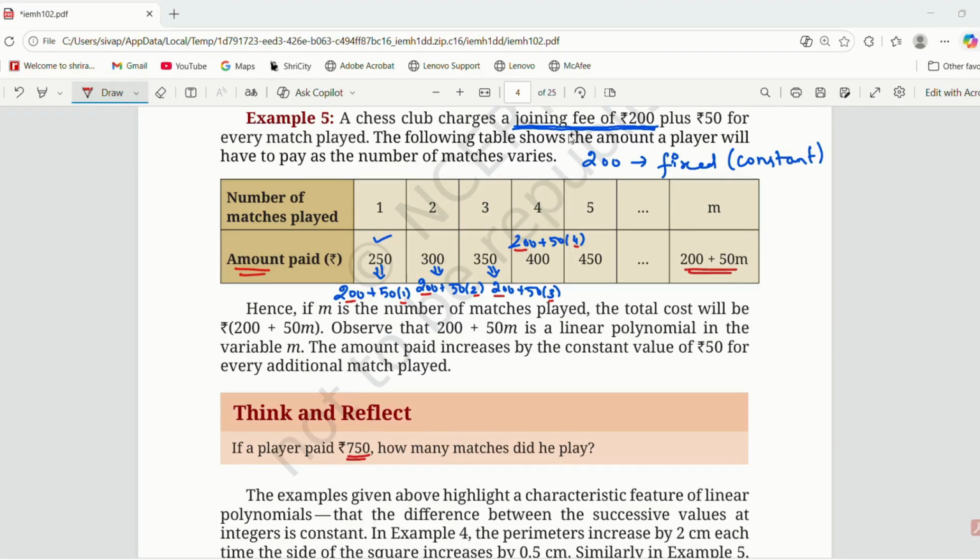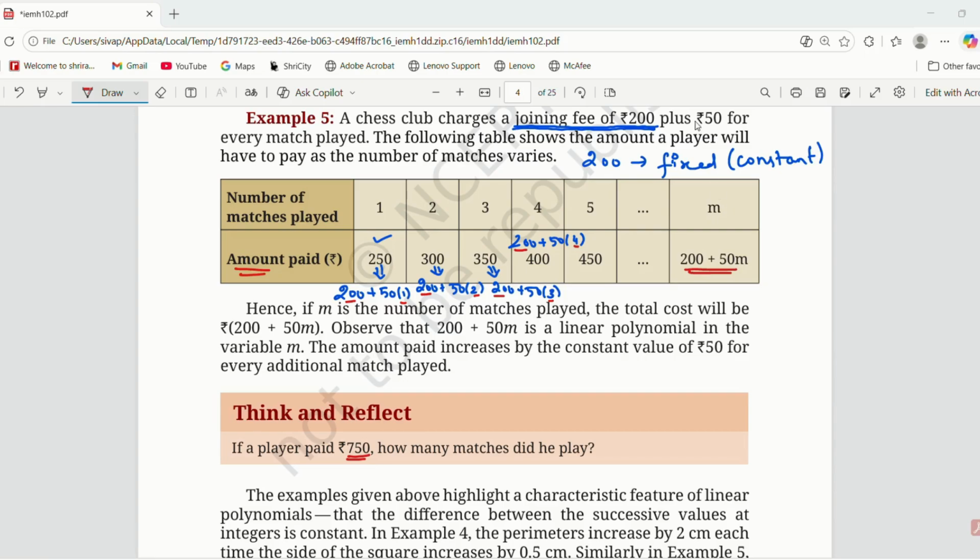Just as we expressed the perimeter as a function of x, similarly here we can write the amount as a function of x. The amount is 200 as a basic fee plus 50 as the fee for each match, and the number of matches that they are going to play is x. So the amount is given in terms of x as 200 plus 50x.